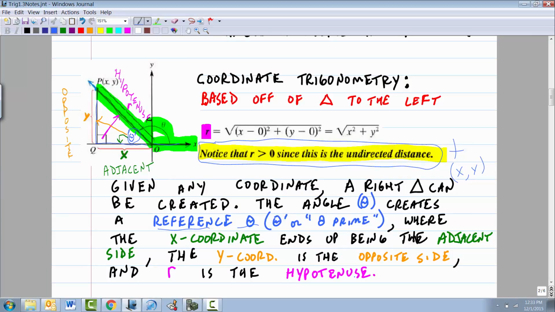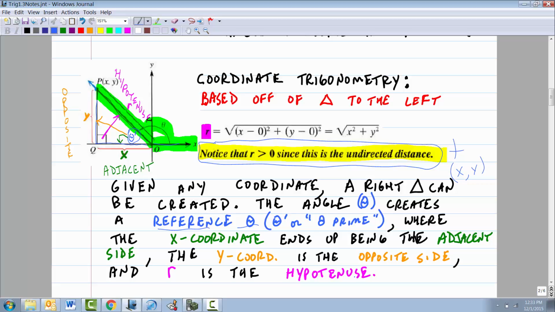Notice, I even have this written in my little, colored up little paragraph here, that no matter what, here's theta prime. Look at x. What does x represent for theta prime? What side? Everyone read that word right underneath x. Adjacent. And then look at theta prime. What does y always represent?